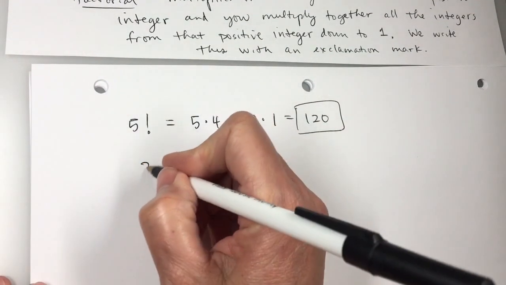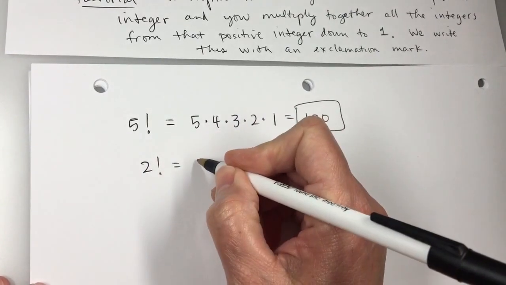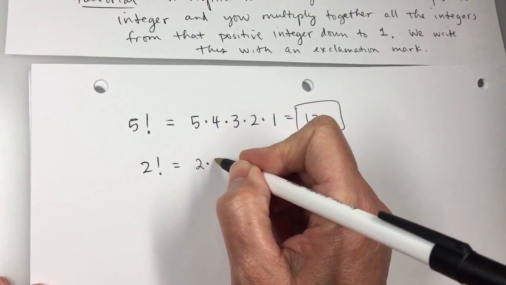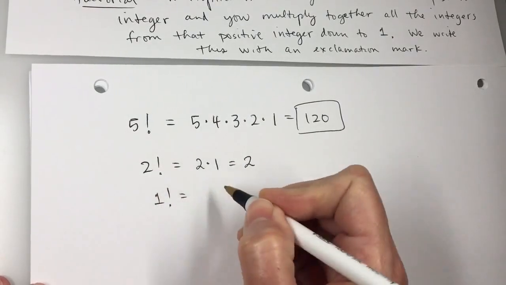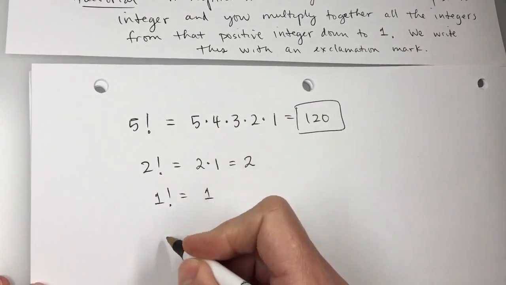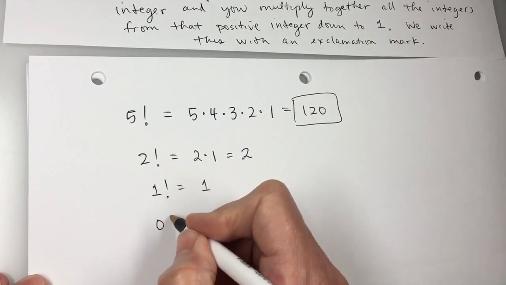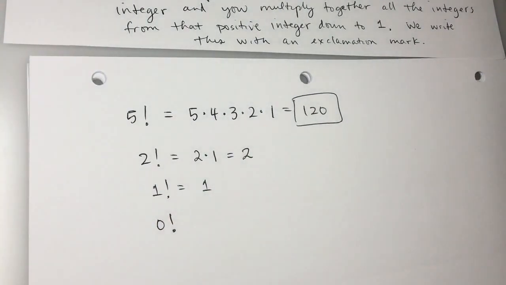What about 2 factorial? 2 times 1 is 2. How about 1 factorial is 1. 0 factorial, that's 1. I did say start with a positive number, but you know what? We could do 0 factorial, and that equals 1.